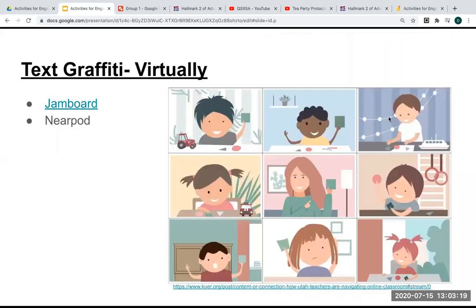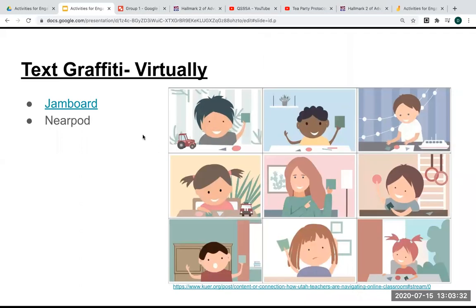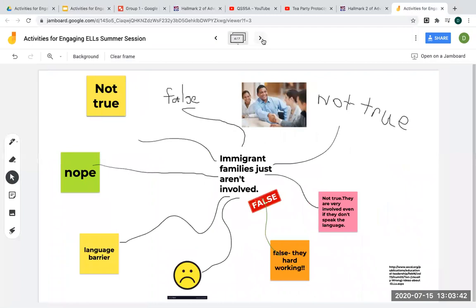Virtually, again, I would recommend Jamboard because most districts in my region are using Google Classroom. So Jamboard is another great way to have this discussion, and Nearpod also, if you have a subscription to Nearpod. I'll show you when I hosted this session live, the participants and I had a conversation, and we used the Jamboard.